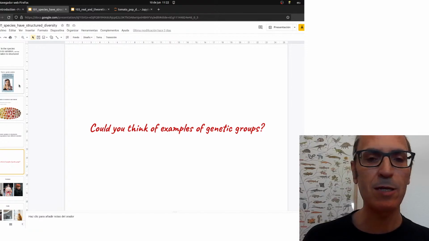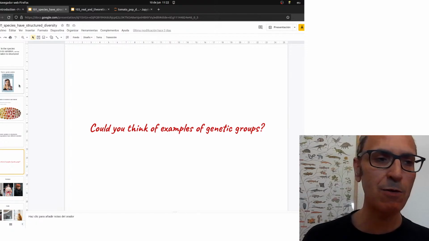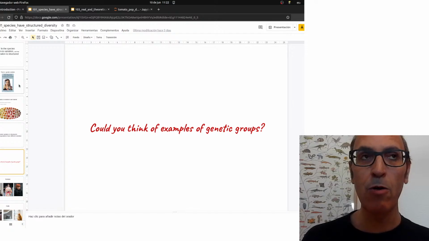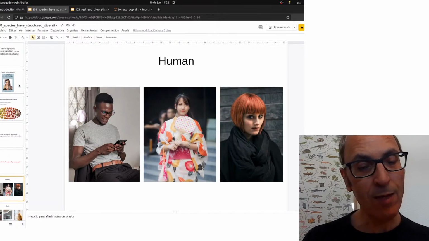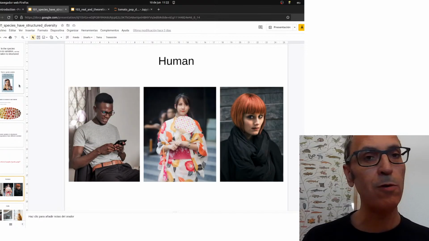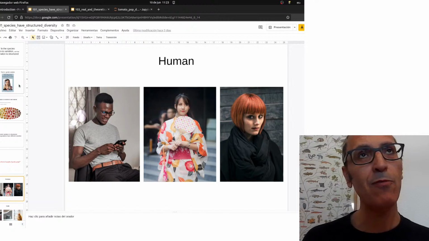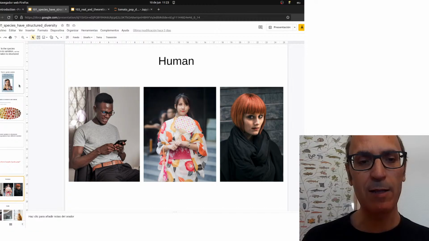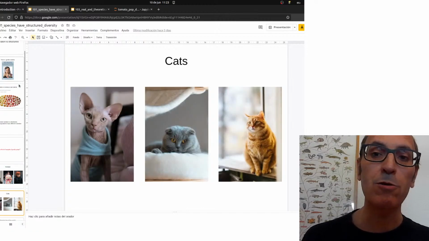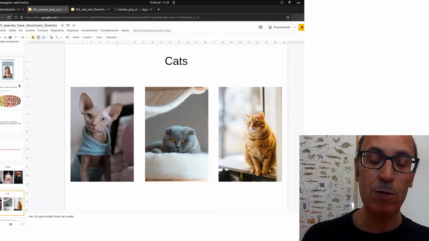For instance, it's not the same genetic variation in Northern Africa and in Southern Sub-Saharan Africa, or in Asia. There are very, very different groups; the morphological traits are distributed unevenly across the world.